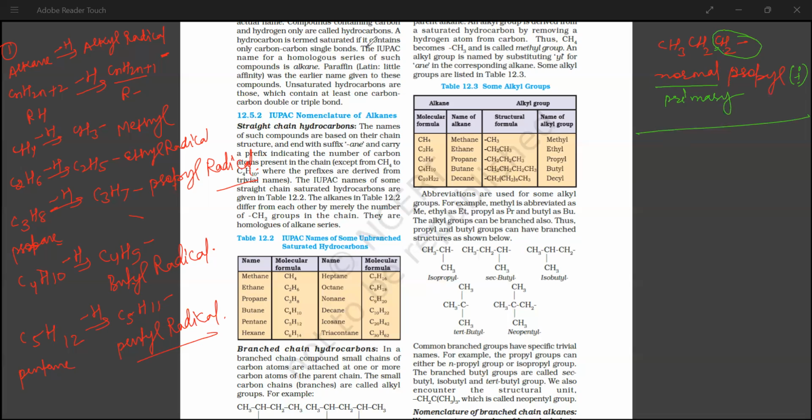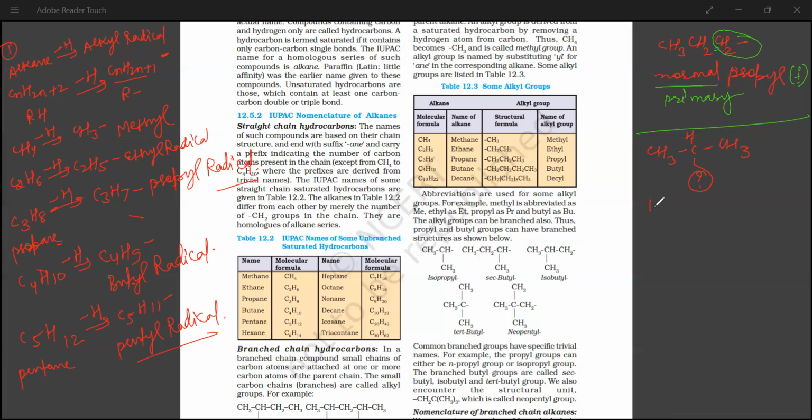Now see the next one. You can write it like this too: CH3, CH, CH3, and here CH3, and here the availability of valency, the site for attachment, is there. So this is isopropyl.